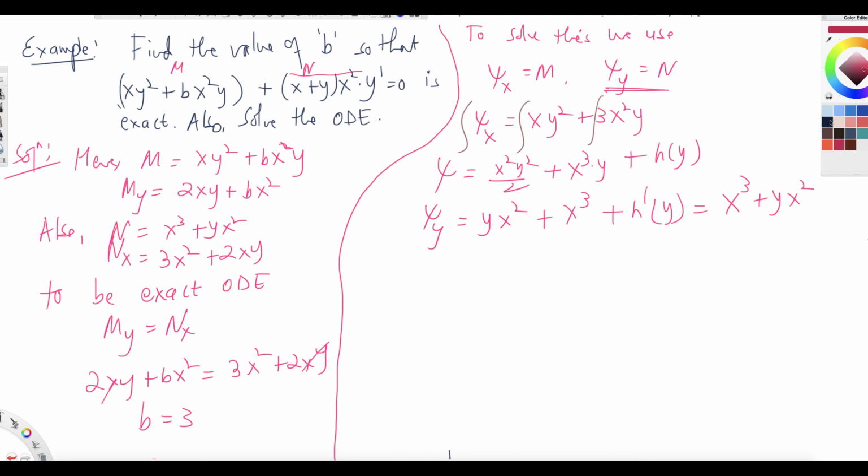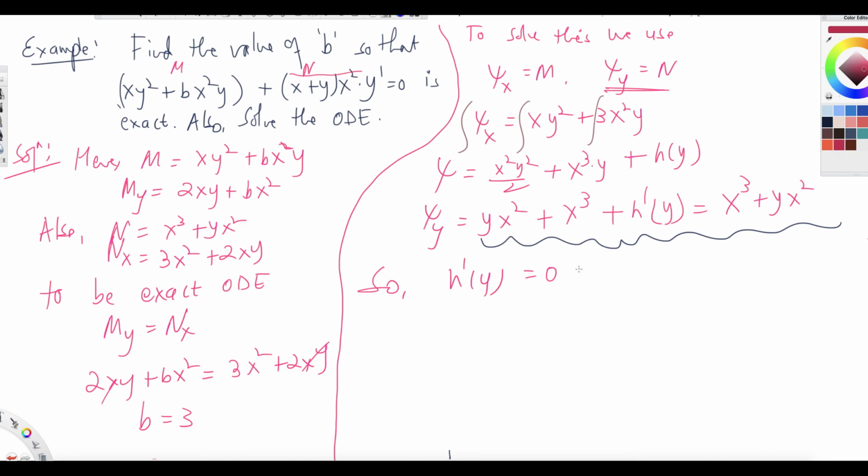See, when you write these two things equal, then x cubed and x cubed will cancel out, yx squared and yx squared will cancel out. What do you get? You get h prime of y. So h prime of y is equal to 0. So what is h of y? You integrate this with respect to y.